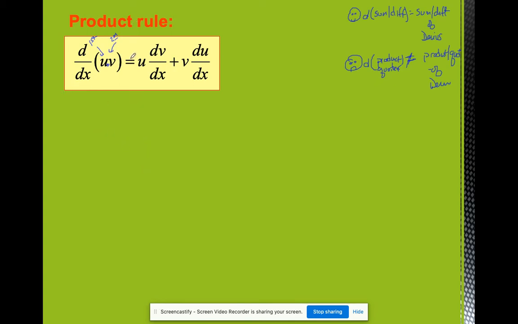The derivative of a product is a sum of two products. And again, both multiplication and addition are commutative, so it doesn't matter the order in which you multiply these two or the order in which you add.